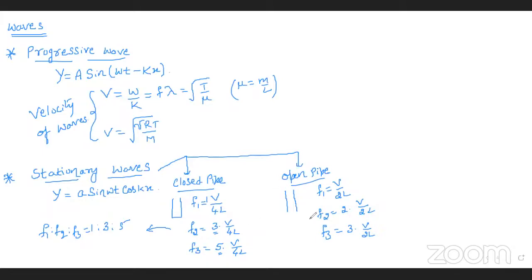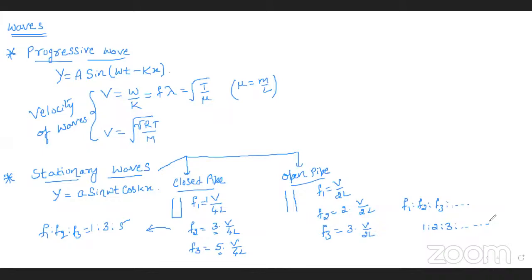But in the case of an open pipe, it will be in the ratio 1:2:3. So for closed pipe, it will be in the ratio 1:3:5. For open pipe, it will be in the ratio 1:2:3.